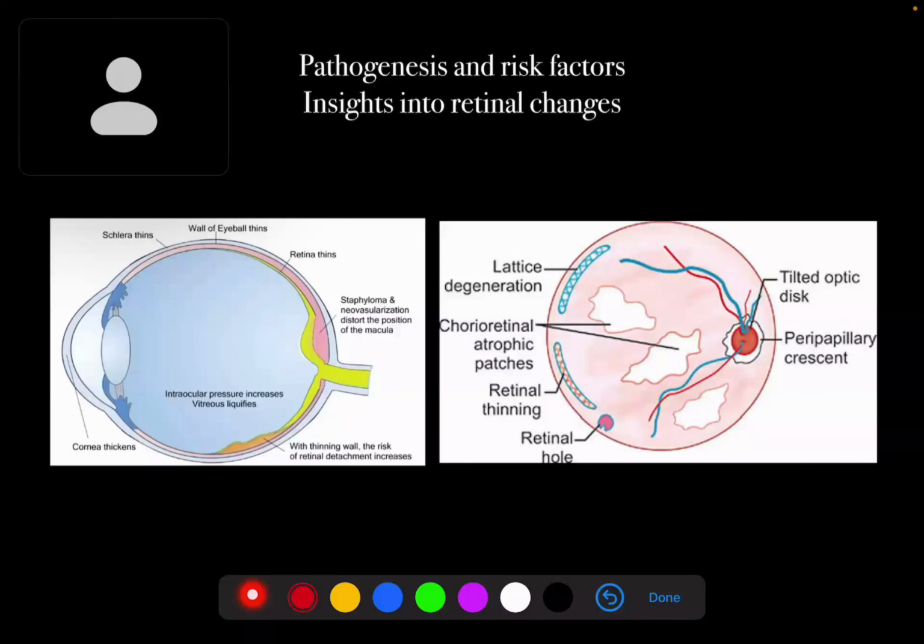Myopia is a huge subject. I don't want to go into much detail because that will make our lecture very long. But remember, the axial length, the length of the eye from the cornea to the fovea, is longer than in a normal person. In a normal eye, the light rays come in and focus on the retina.